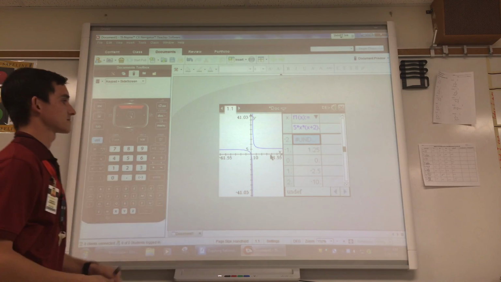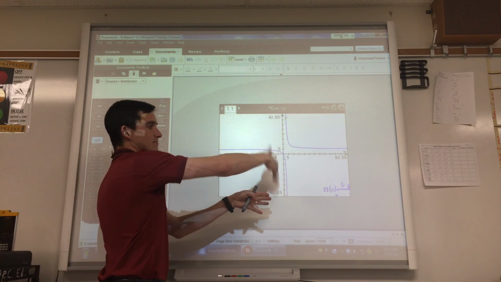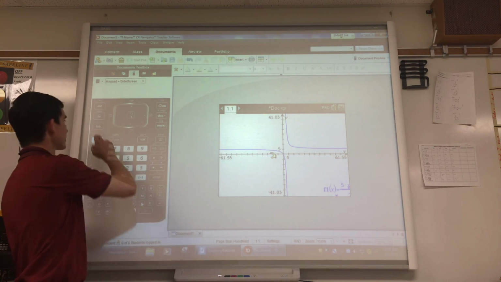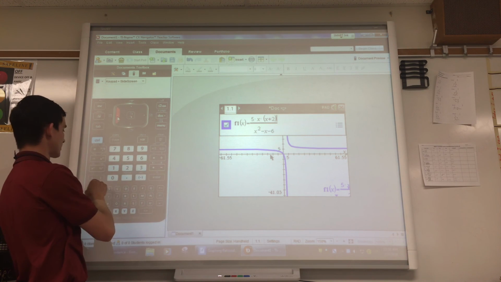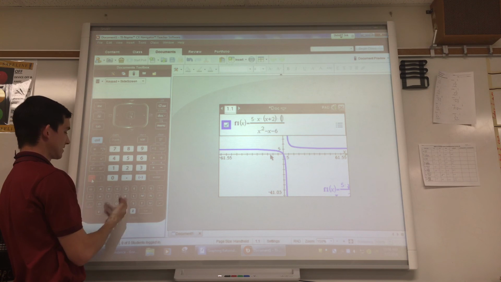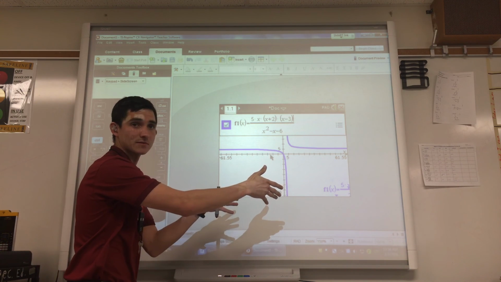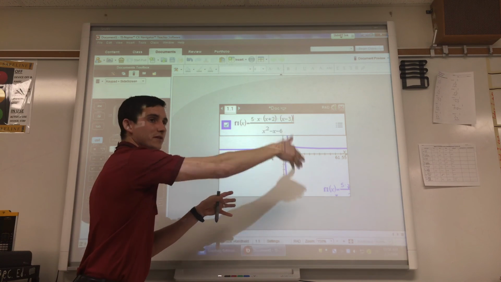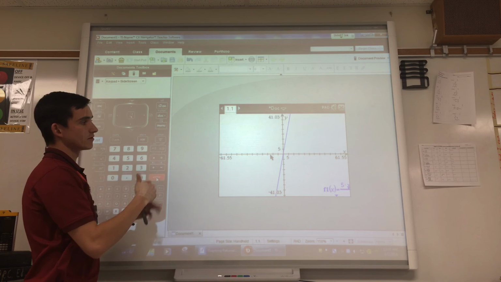Let's keep messing around with this. Let's just get the idea. So we still have the vertical asymptote at positive 3. If I was going to get rid of that, then my equation would have canceled out on that one as well. So I would have had also a times x minus 3 up top, right? And now I'm not going to have any vertical asymptotes. Does that make sense? Because both of them would have canceled in that case. So no vertical asymptotes.